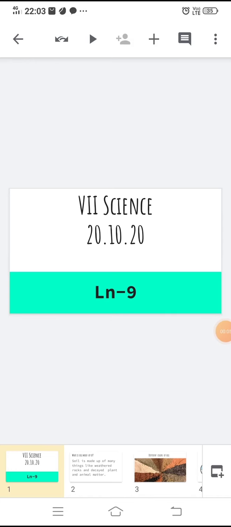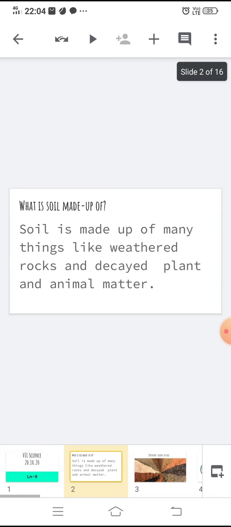In the previous classes, we have learnt about the formation of soil, soil profile, and also the composition of the soil. From that, I'll ask you a few questions, then you can understand about today's topic. First one, what is soil made up of?